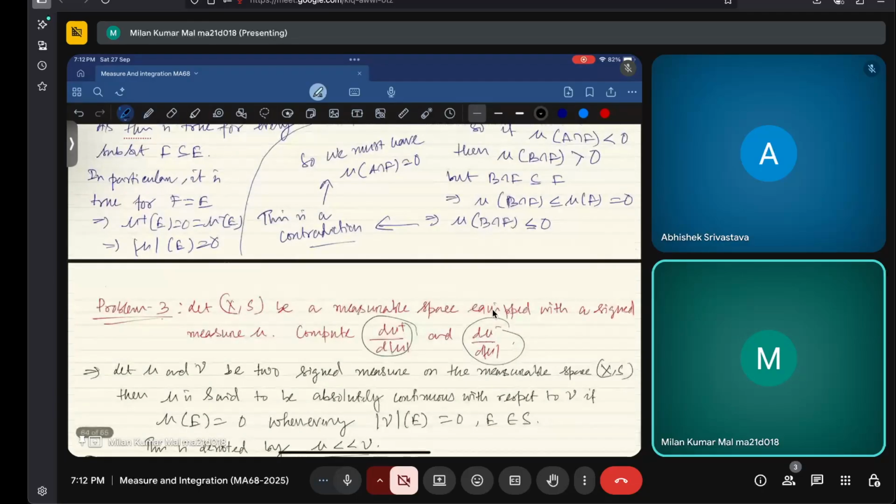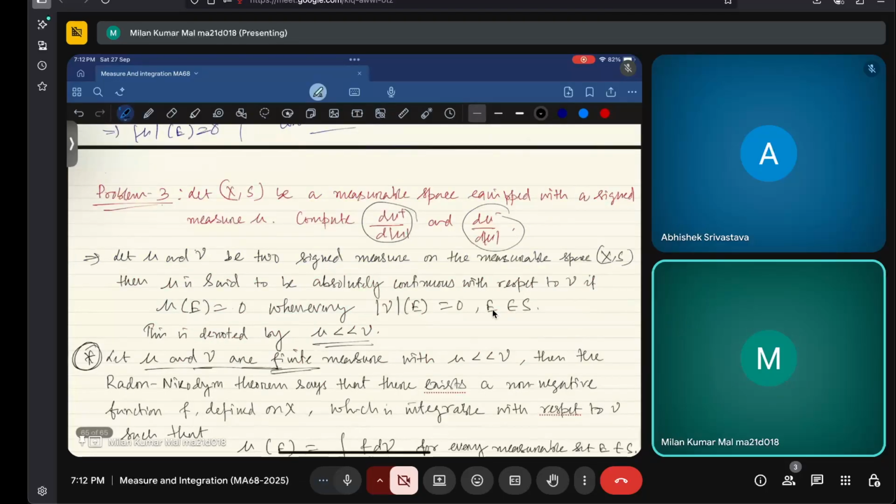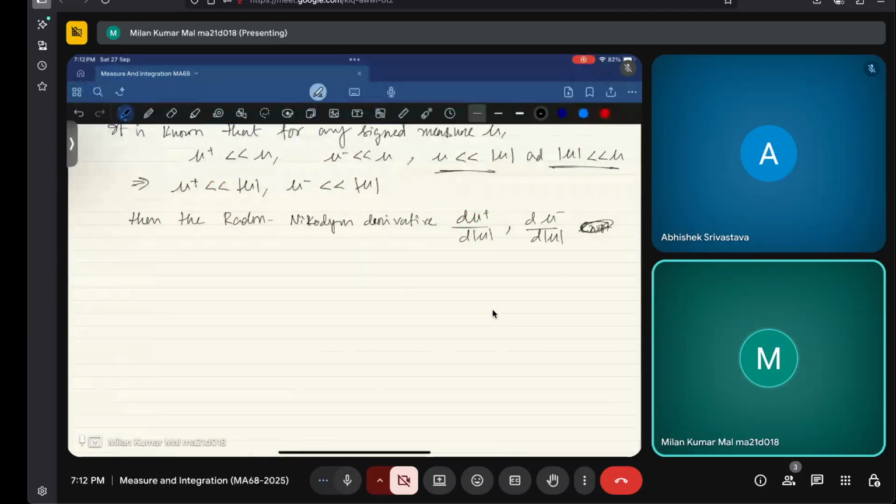Okay, so now we have to find this derivative basically.